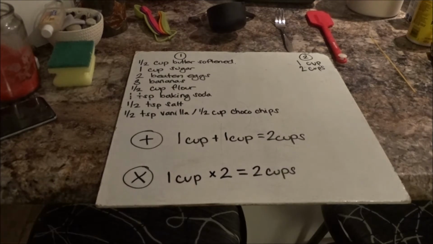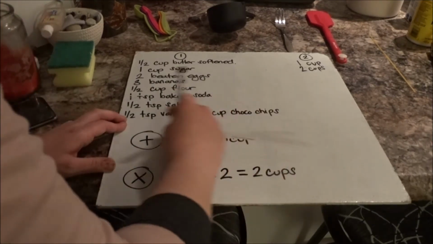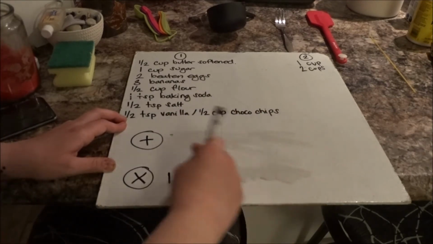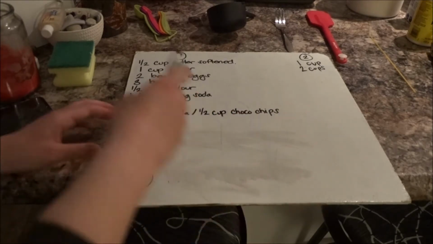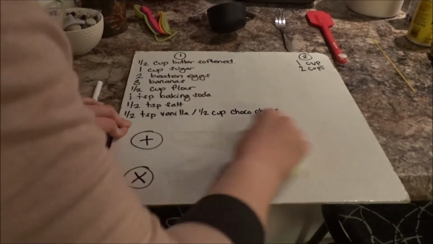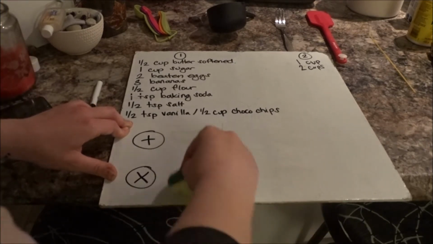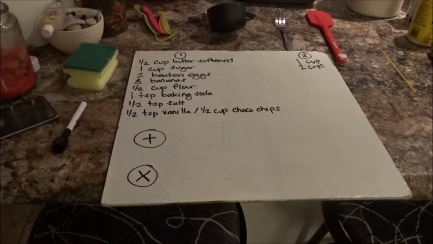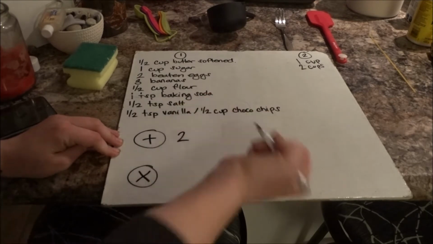So we know that we need 2 cups of sugar. Okay, on to the eggs. Oh, I totally forgot about my sponge. Awesome. Okay, so the next one we're going to do is the eggs. We need 2 eggs.